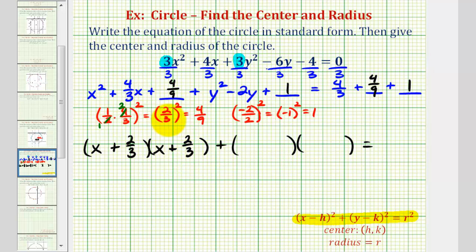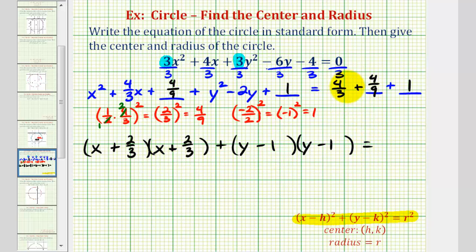This is why it's so important to show this work. This work does help us factor. And then for the y part, we would have y and y. We want the factors of positive 1 that add to -2, which would be -1 and -1. Again, notice how we squared -1 to get our special constant here. So we have y minus 1 and y minus 1. Notice in both cases, we have two equal factors.